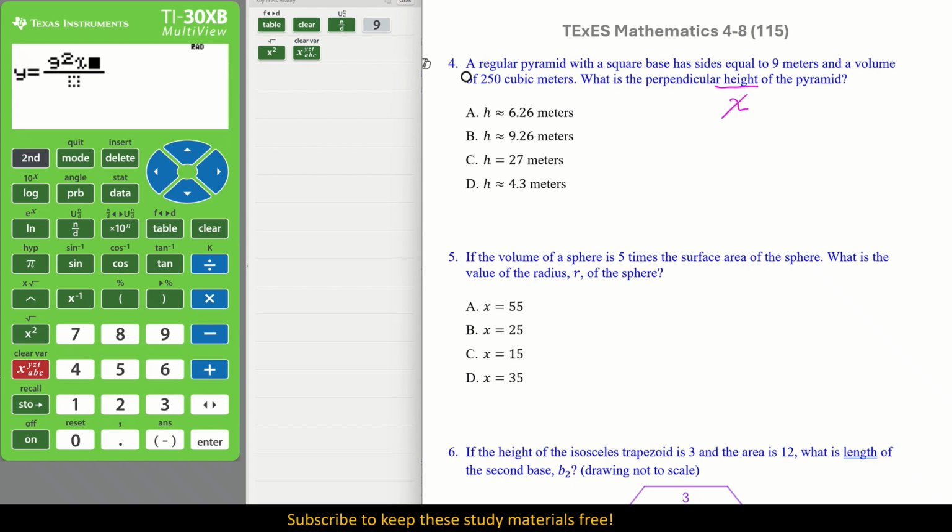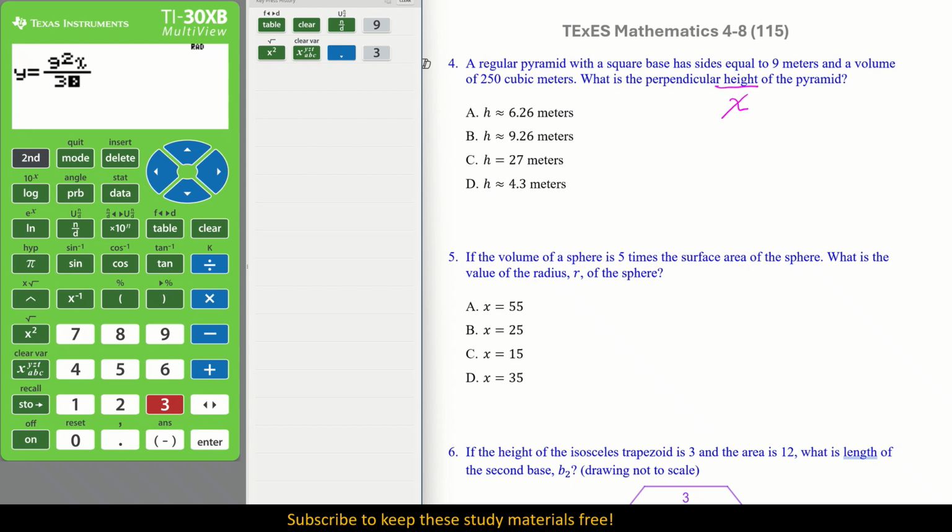So we're going to call that x, okay, in the calculator. Now, that would be base times height divided by 3 because a pyramid is a third of the square cube, okay? Because this is a regular square base, okay? Well, it could be longer. Either way, it doesn't matter. Still divide by 3, okay?